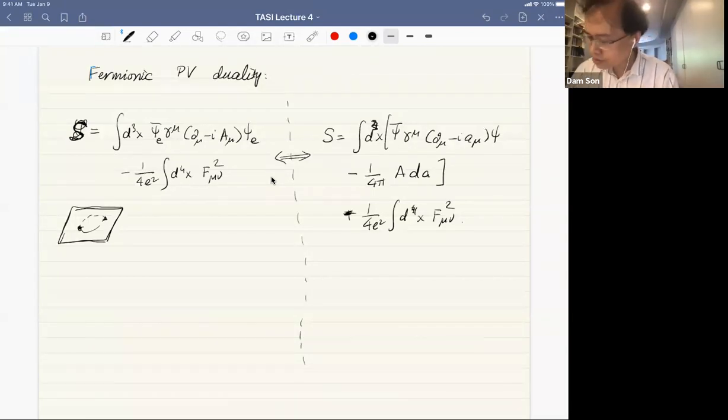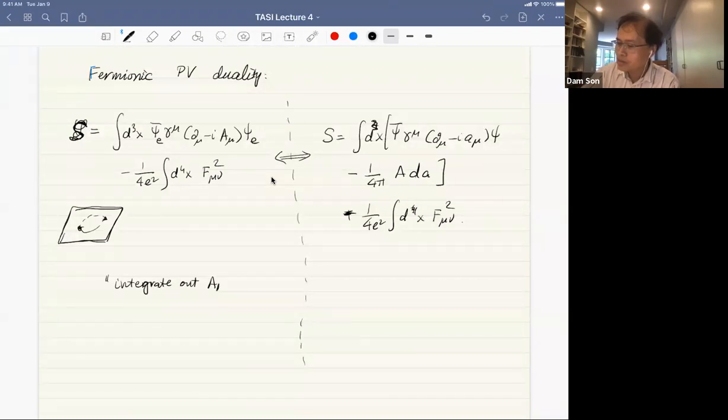On the left side, for example, imagine that you integrate out a mu. Since it's a quadratic field, you integrate it out and you get some kind of non-local current-current interaction.